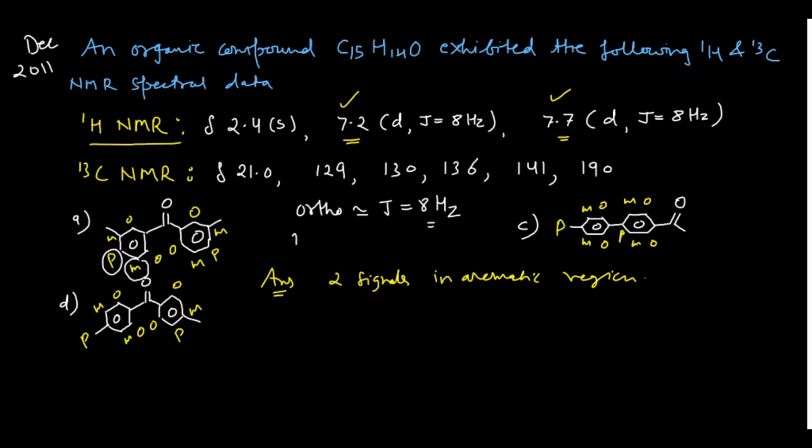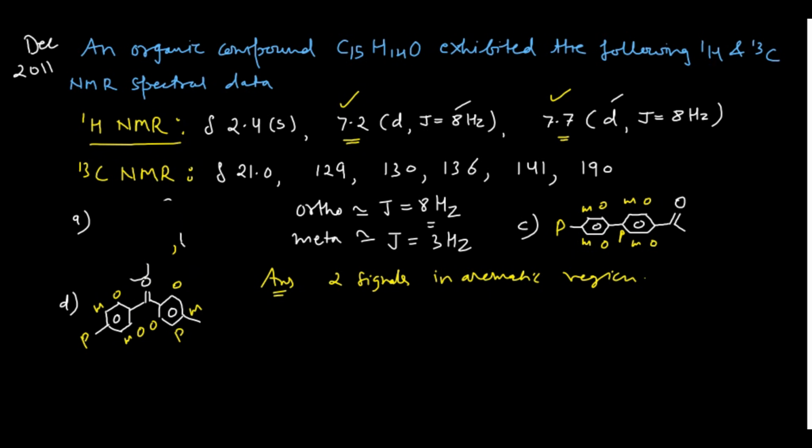For meta position you may have a J value around 3 Hertz. This 3 Hertz is not there in the question, so you can immediately discard the first possibility also. On the basis of the coupling constant, I can remove this one also, because for this meta hydrogen we do not have the coupling constant.